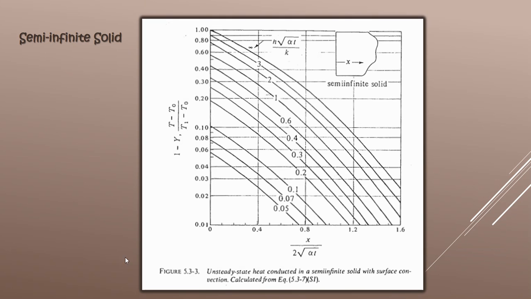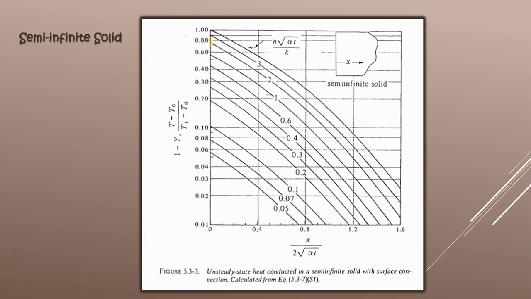So this is our semi-infinite solid, and we are going to use this as 0. It's 0 because our x is 0 at the surface. The corresponding value for the curve here, as given in the solution a while ago, is 1.095. So I'll simply go up from the 0 here, and my 1.095, if this is 1 and this is 2, would be more or less 1.95, somewhere here.